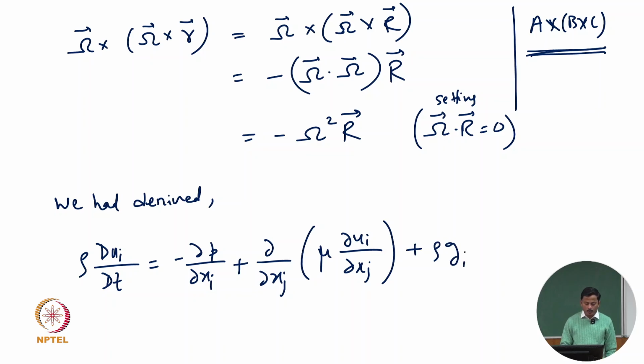Rho is the density, u are the velocities, p is the pressure, mu is the dynamic viscosity. So this is what we had written down for an incompressible Newtonian fluid. So assuming constant viscosity, we can take the viscosity out of this and write it only in the vector form.